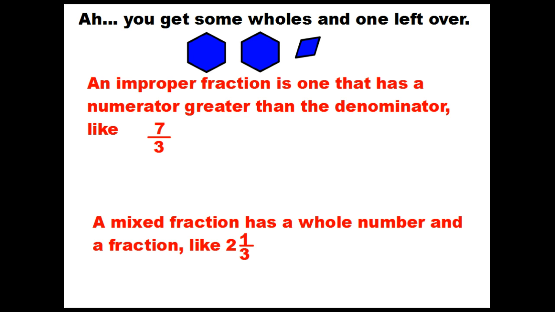An improper fraction is one that has a numerator that's greater than the denominator, like in the fraction 7/3. On the other hand, a mixed fraction has a whole number and a fraction, like 2 and 1/3, which is what you're looking at in your pieces. So take a second and stop the video, jot what's read into your notebook. You're going to need it.